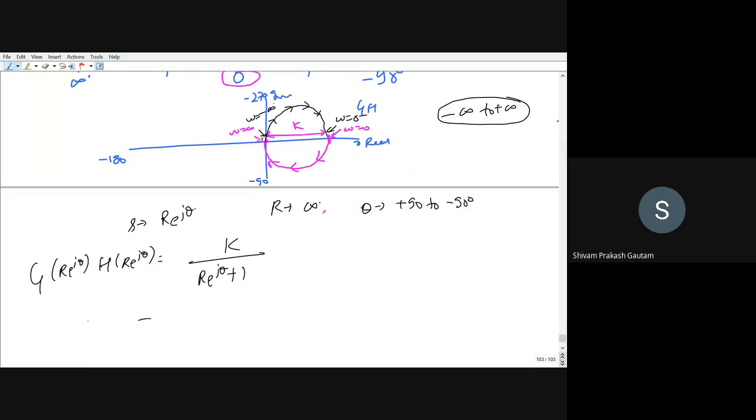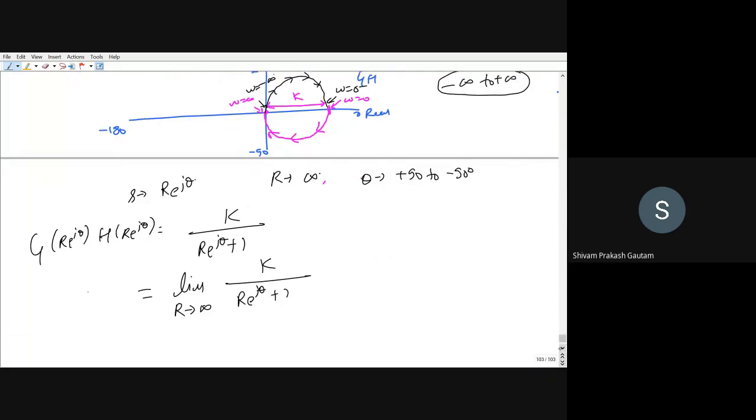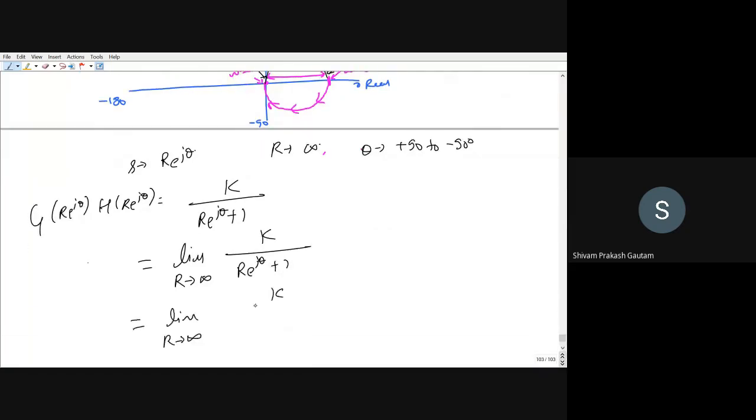Now put the limit R tends to infinity of K upon R e to the power j theta plus 1. This equals the limit R tends to infinity of K upon R e to the power j theta taking common in the denominator, times 1 plus 1 upon R e to the power j theta.